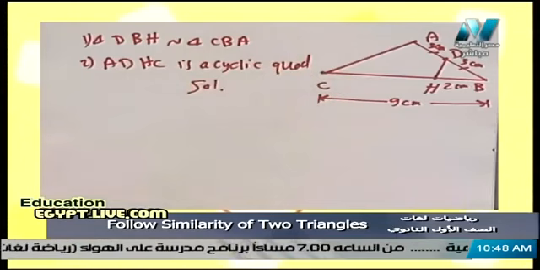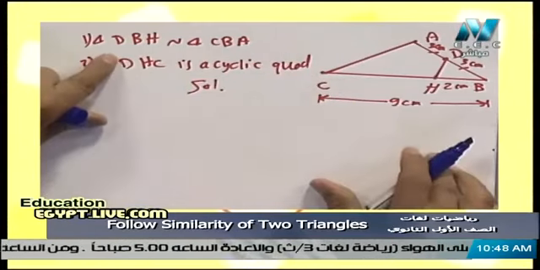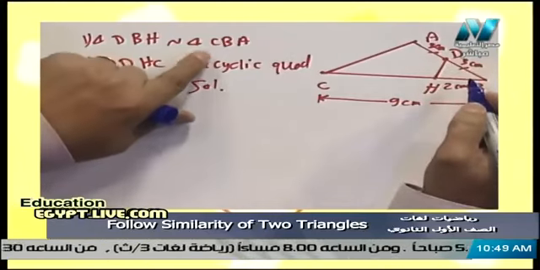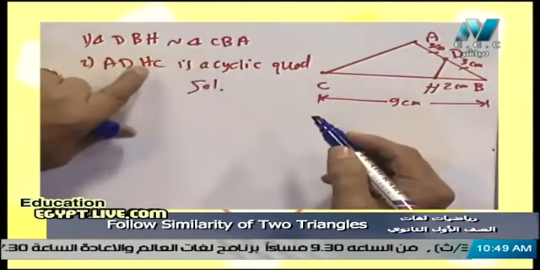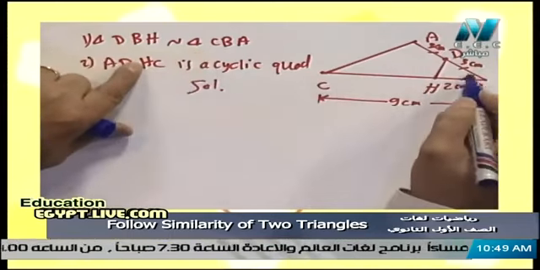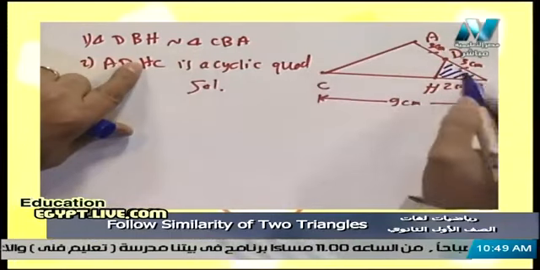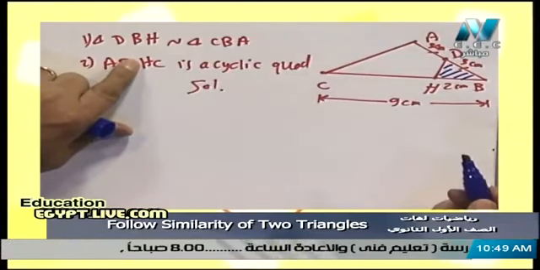Let's solve it. Here we have two triangles, DBH, this is a triangle, and the triangle CBA. Look carefully at these two triangles, the small one and the whole triangle, which is CBA. What do you notice? What about angles?